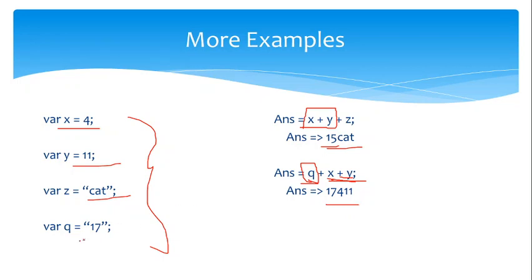What is q? q is 17, x is 4, y is 11. So this is the difference between number and string. I hope you understand this.